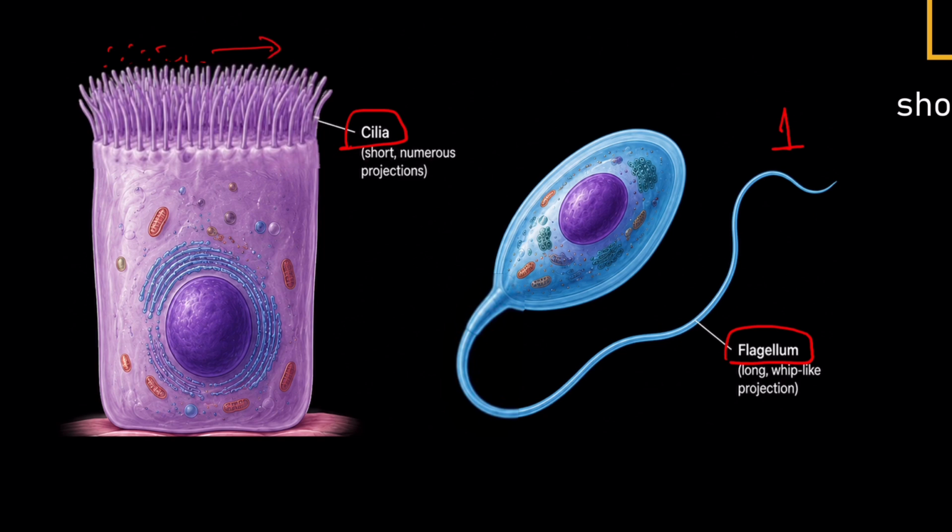Cilia move like a field of waving grass, all in rhythm, pushing mucus towards the back of your throat. Together, cilia and flagella are mainly responsible for locomotion and moving fluids across the cell surface.